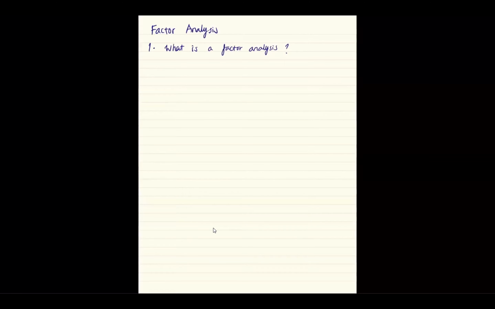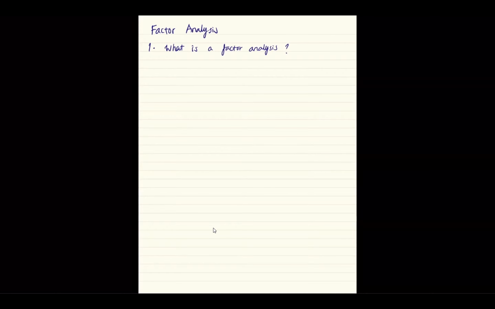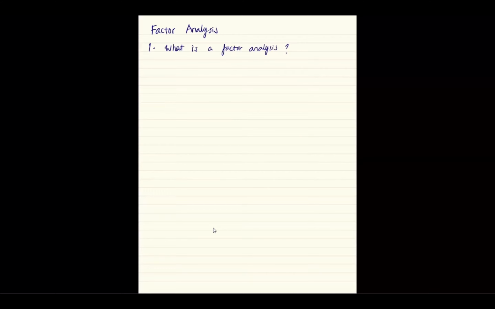However, if we want to develop a new product, change the packaging of a product, or launch an existing product into a new market, then we probably also want to understand more.